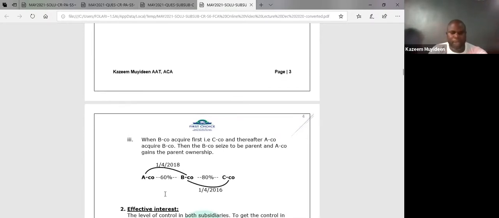What is the date of acquisition? ECO to BICO, 2018. ECO to SICO, 2018. The day he acquired BICO, BICO had been trading with SICO initially. So immediately ECO acquired BICO, SICO became a subsidiary of ECO. Both of them are now subsidiaries of ECO. BICO is the direct subsidiary, while SICO is the indirect subsidiary.